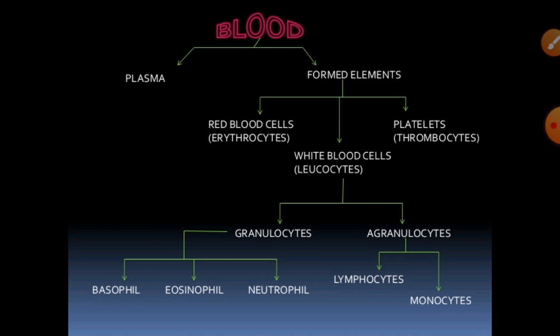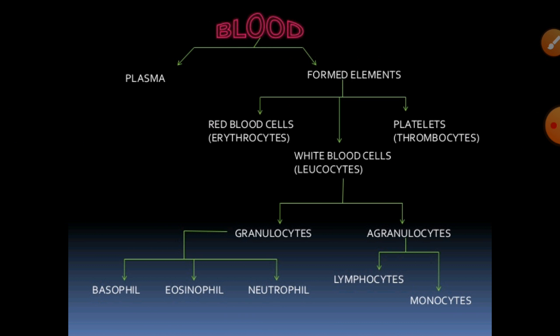The plasma again has different substances: 90 to 92% is water, and the remaining 8% is protein found in that structure inside our blood.